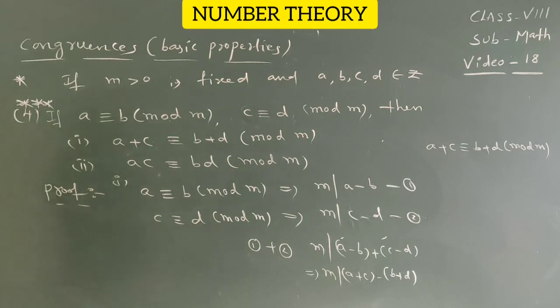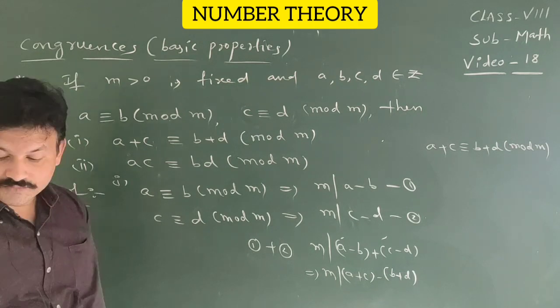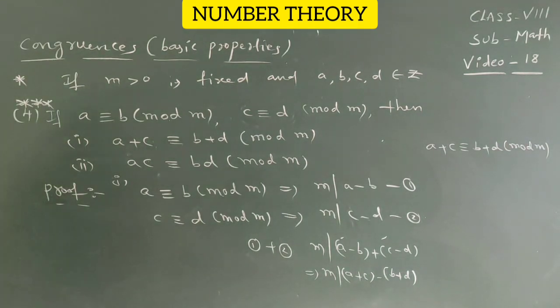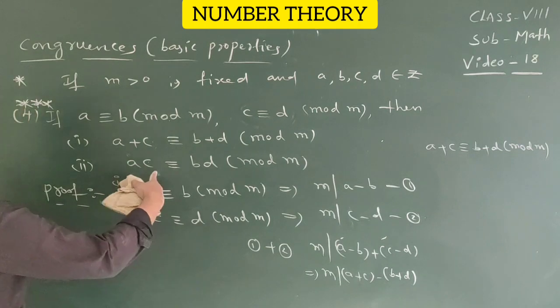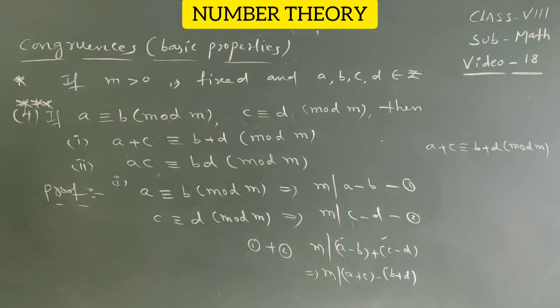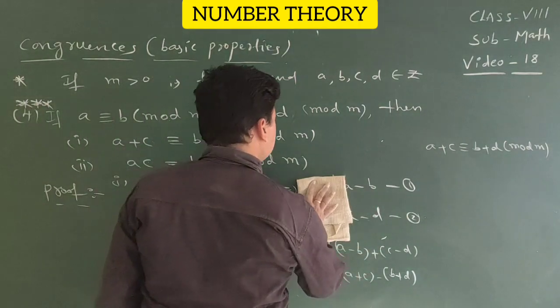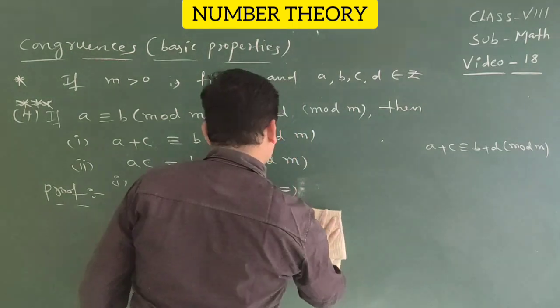Next, we need to prove AC congruent to BD. So for proving this one, first of all, here A is congruent to B mod M, again this one.